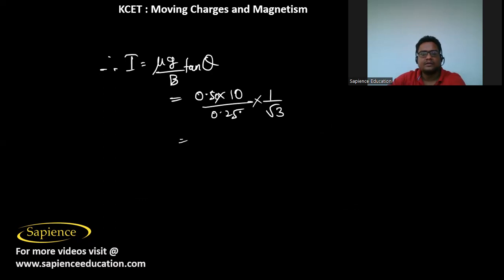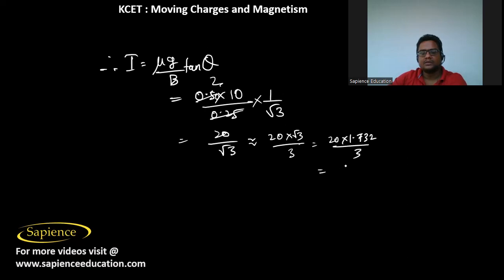So this is 20 by root 3, which is approximately 20 into root 3 divided by 3, that is 20 into 1.732 divided by 3.